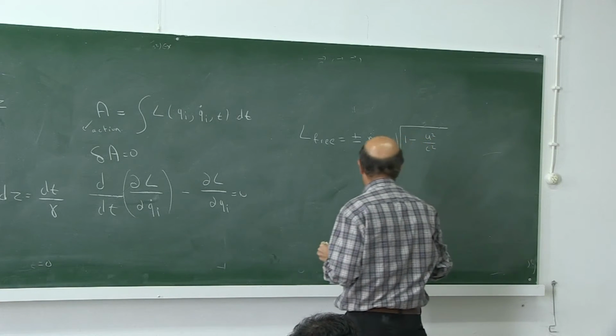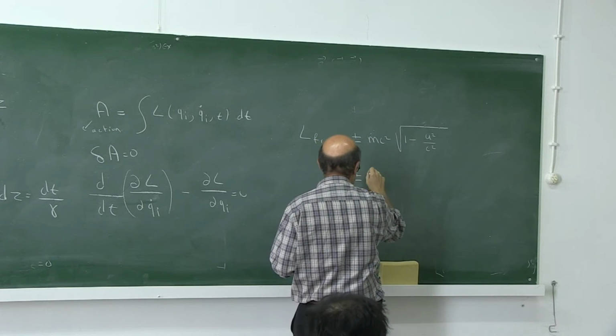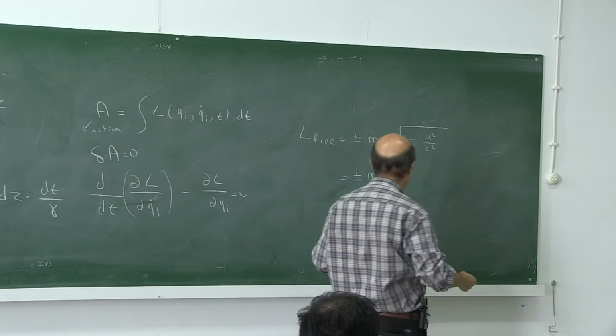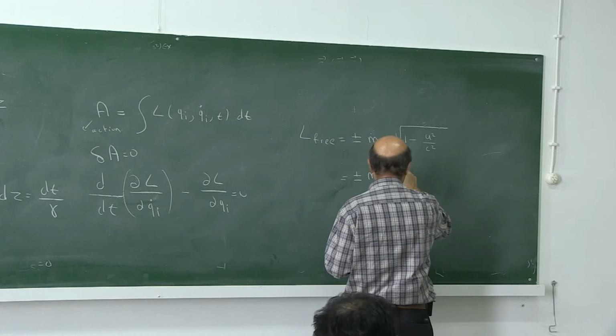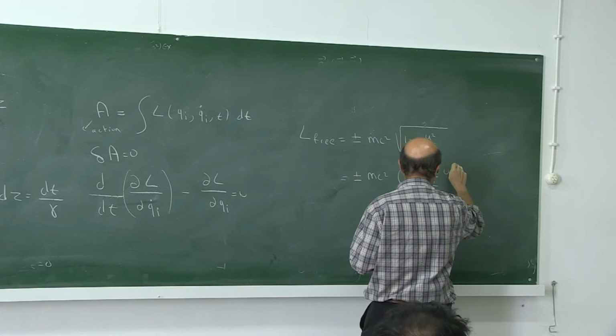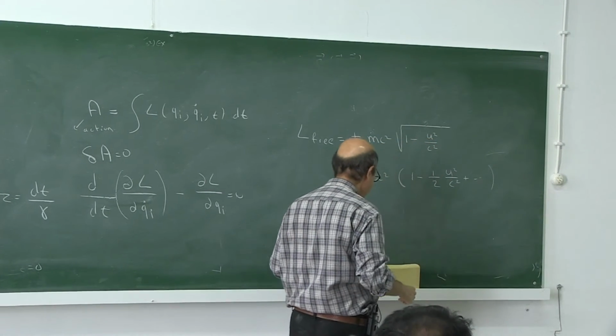This is 1 over gamma. So in the non-relativistic limit, this is small, you can make a binomial expansion: 1 minus 1 over 2 u squared over c squared. There are other terms, but ignore those.